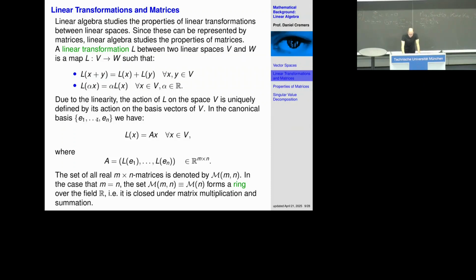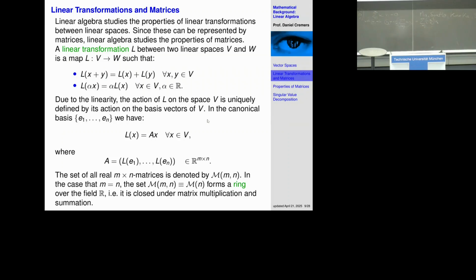In fact, due to linearity, due to these two properties, once I know how the linear transformation operates on the basis of my vector space V, then everything is defined. Because any vector can be written as some linear combination of my basis vectors Vi, and once I apply the linear transformation, due to linearity, this is the same as writing alpha i times L of Vi.